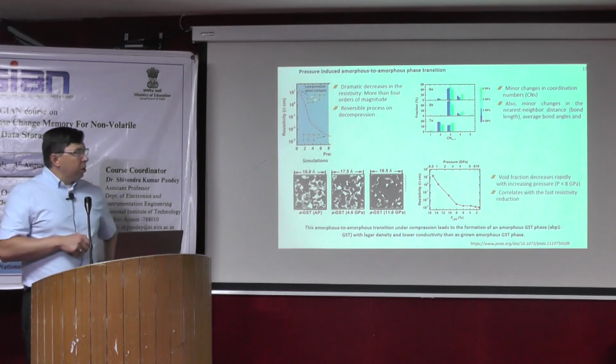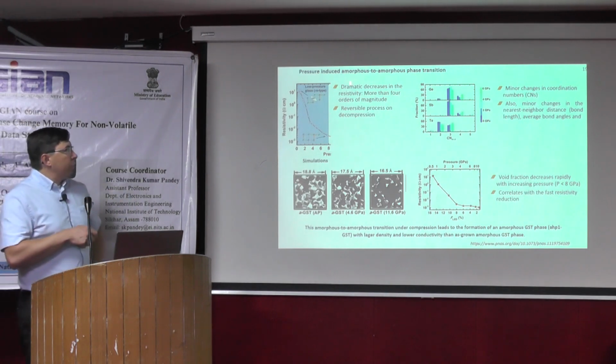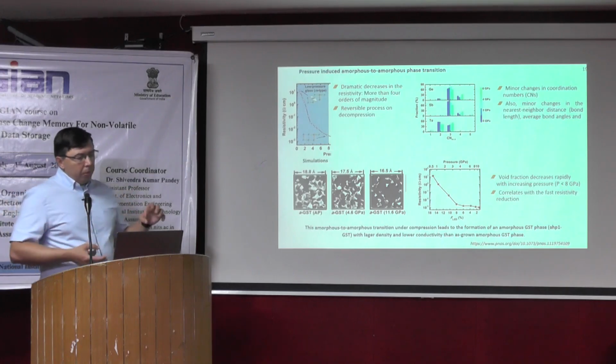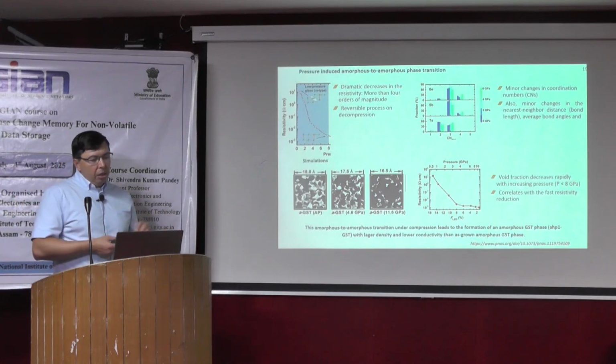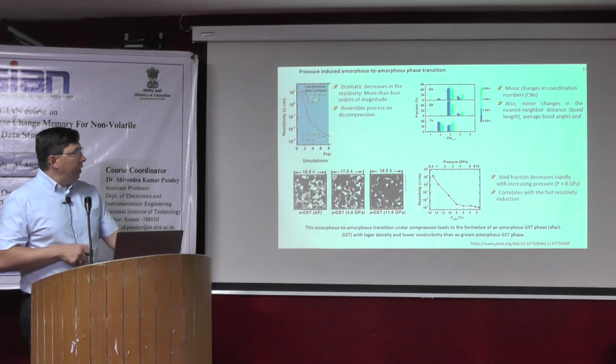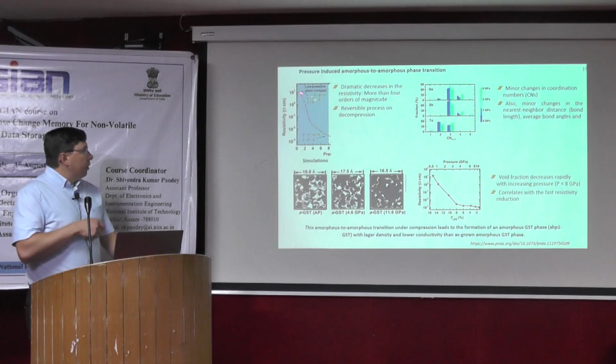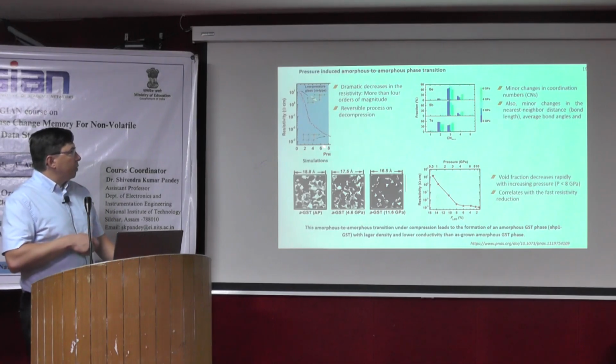So now let's look at the pressure-induced amorphous to amorphous phase change. If we press, let's say, the amorphous phase up to 8 gigapascal, we can see a drastic change of the resistivity.